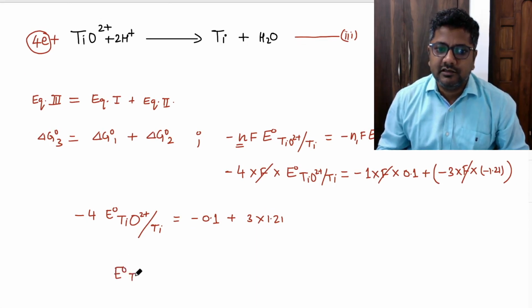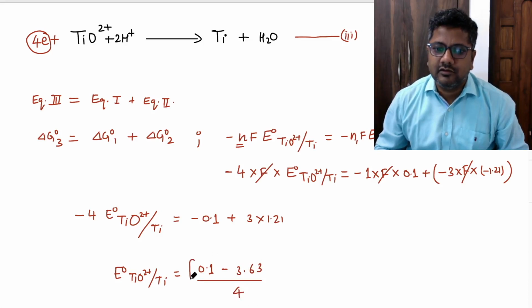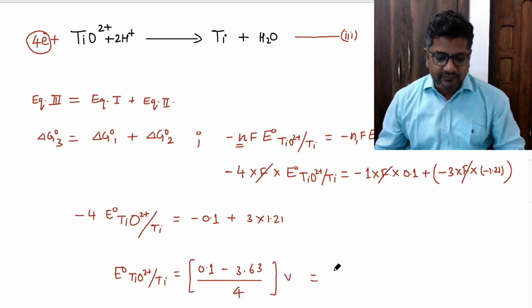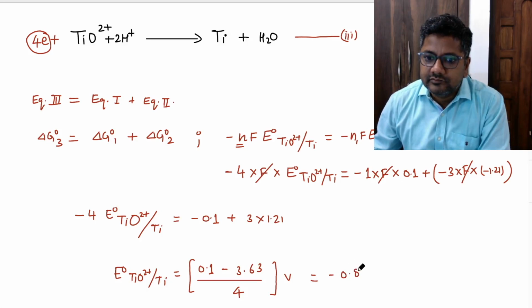So you can write here E naught of TiO2 plus to Ti is equal to 0.1 minus 3.63 whole divided by 4 volt, and this is equal to minus 0.8825 volt.